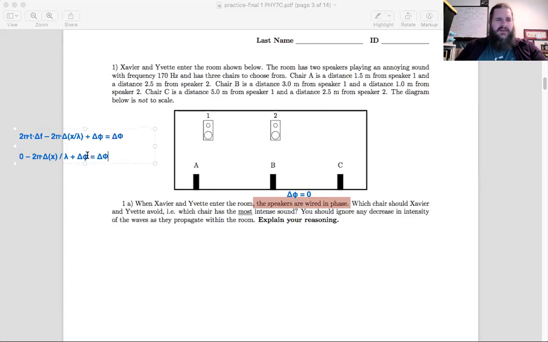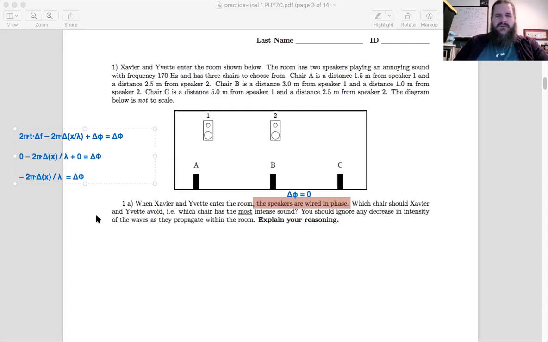But we can at least say the difference in little phi at the source is 0, which means the only contribution to the difference in total phase is how far the waves travel, or the difference in how far they travel. We end up with just negative 2 pi delta x over lambda equals delta total Phi.